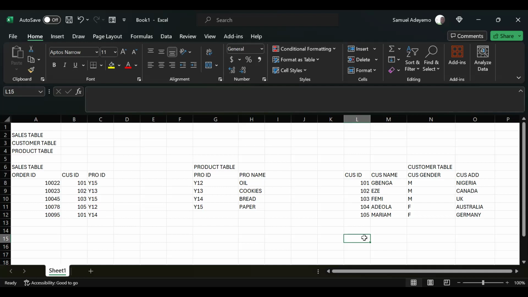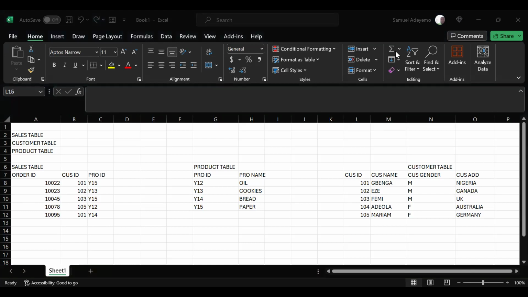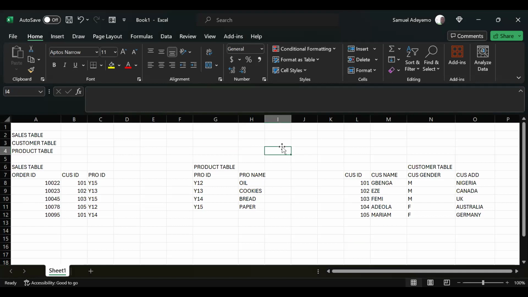So you will not find anything about product on the customer table, and you will not find anything about customer on the product table. Please, is it clear to us what I'm saying from here? Is it clear to us, guys? Because I want your responses. Is it clear? Thank you. So we call this kind of table, the product and the customer table, dimension tables.